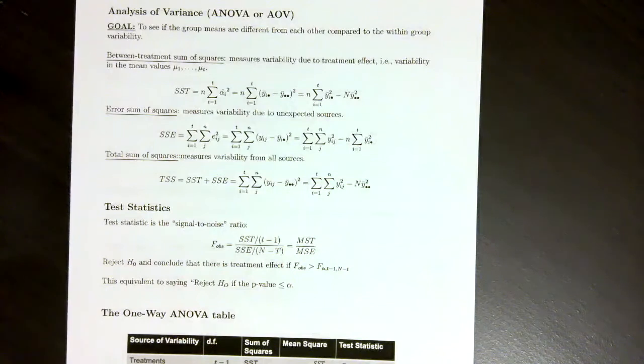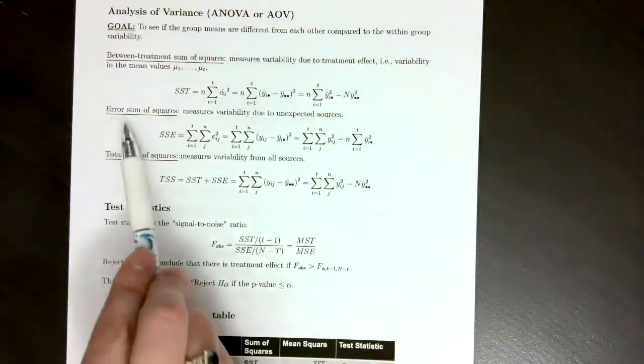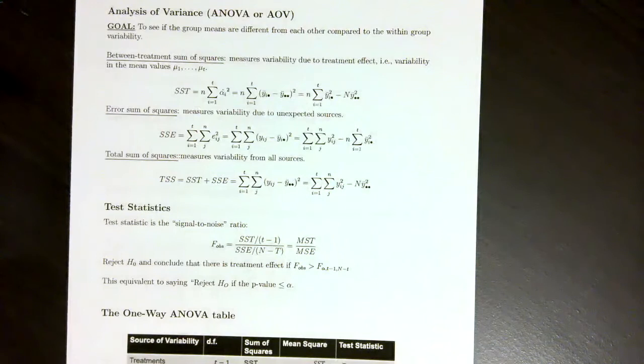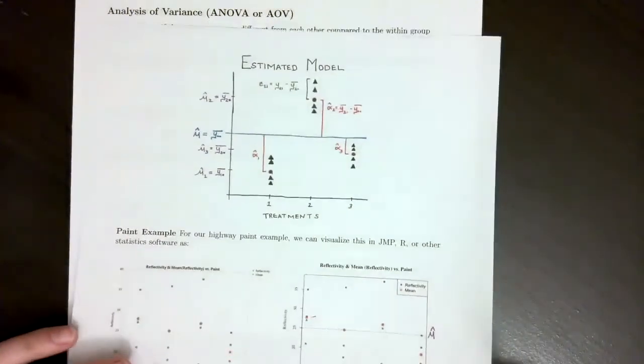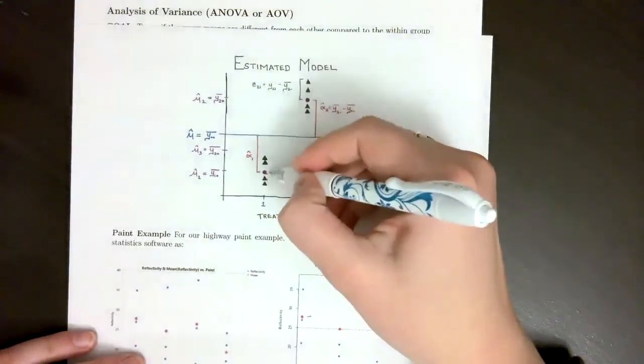The other variability we want to measure, we call error sums of squares, or sums of squared error. It is going to be the within group variability, or the distance between each observation and the group mean. So the sums of squared error in a completely randomized design is looking at the within.